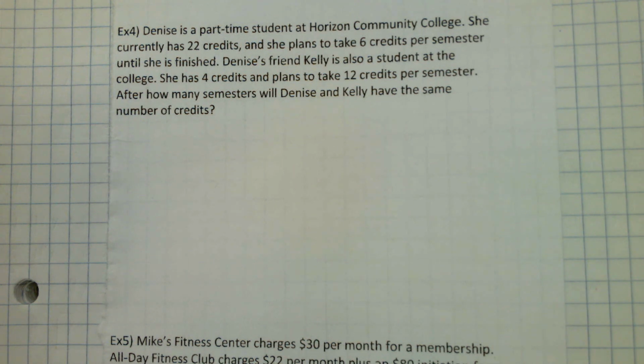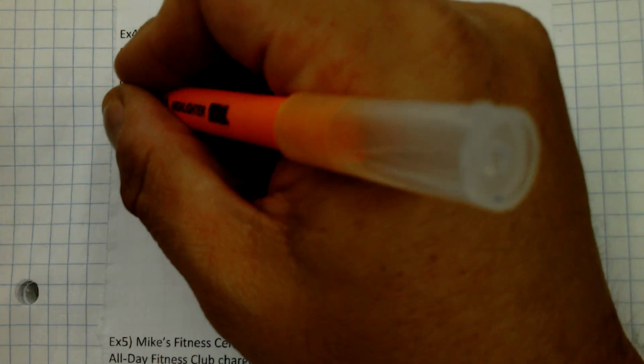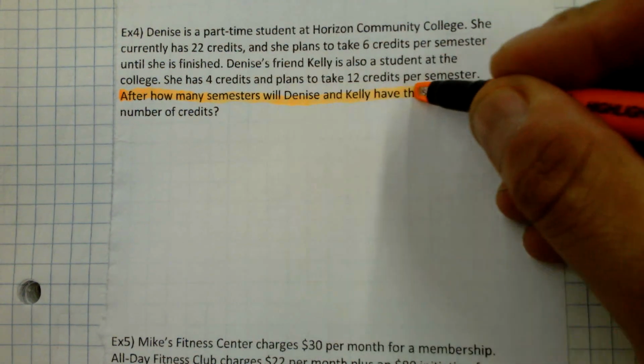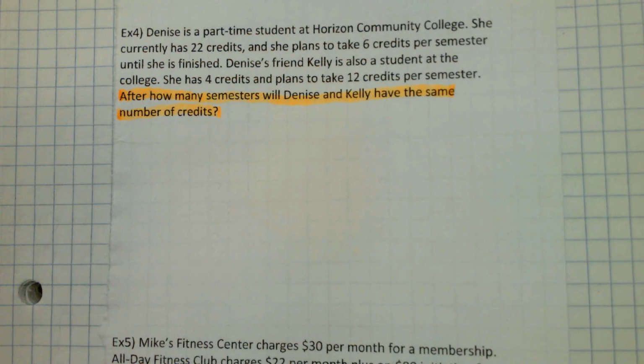Okay, so let's start with that. This is what they're asking us to find. After how many semesters will Denise and Kelly have the same number of credits?